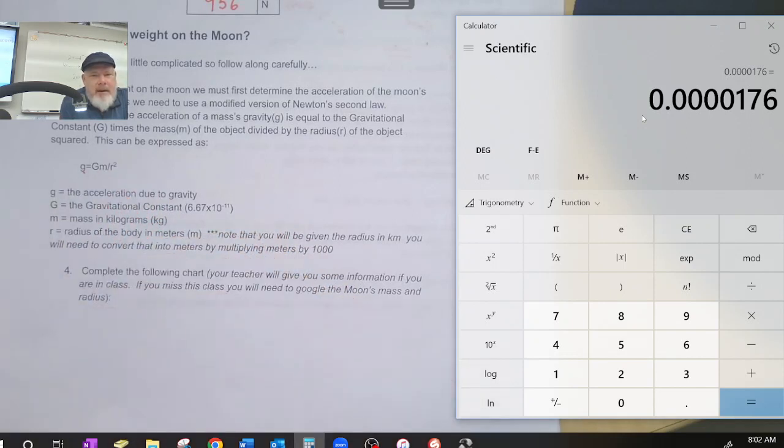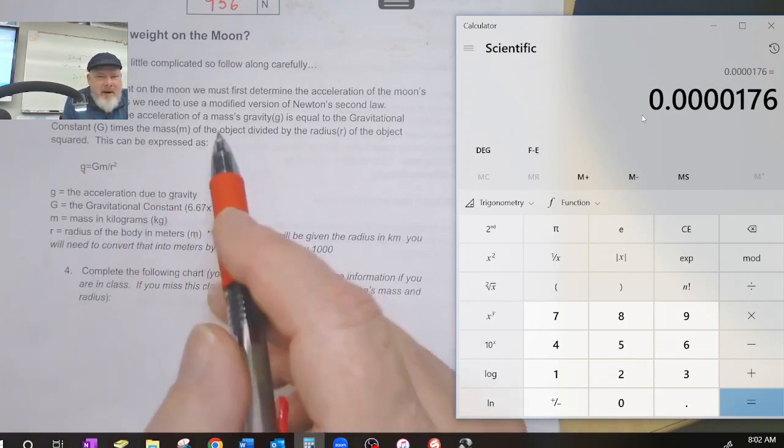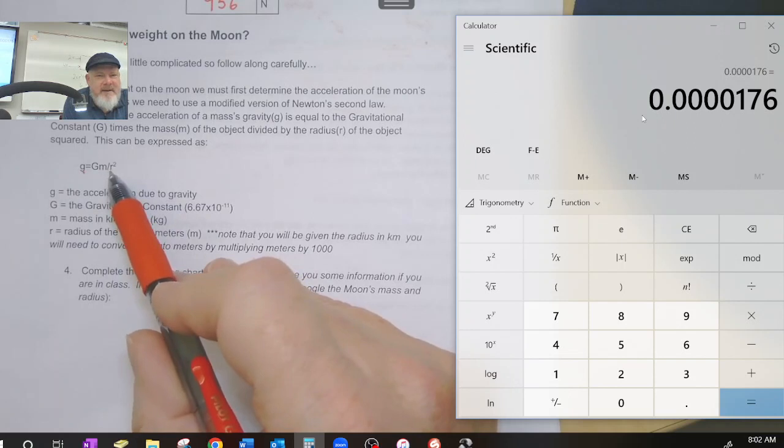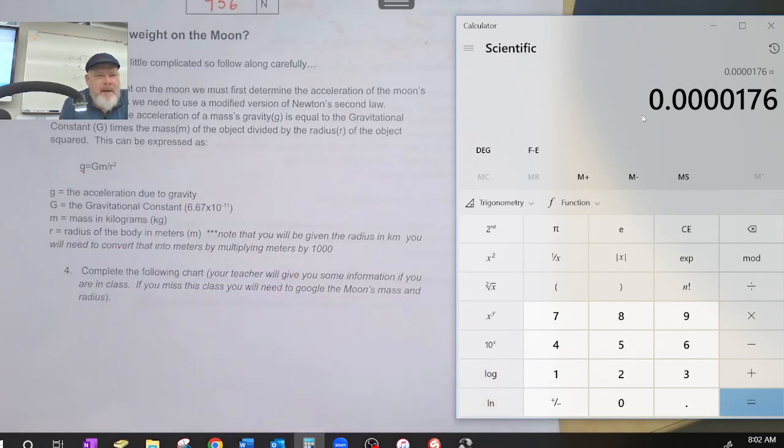Now, in space, if you have two masses, both of those masses have gravity. So this really should be the gravitational constant times mass 1 plus mass 2 divided by r, which stands for the radius of the planet in meters.